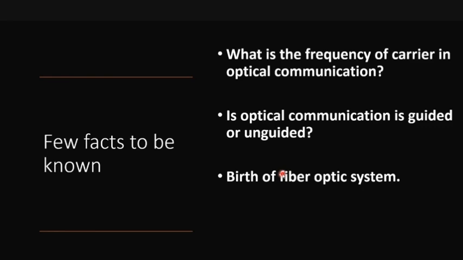So Tyndall was the person who discovered that light can be transmitted through the optical fiber, and during the 1950s, the optical fibers with large diameters of almost around 1 or 2 millimeters were used in the endoscopes to see the inner parts of the human body. Okay? So the person Tyndall first gave you the idea of optical fiber communication.